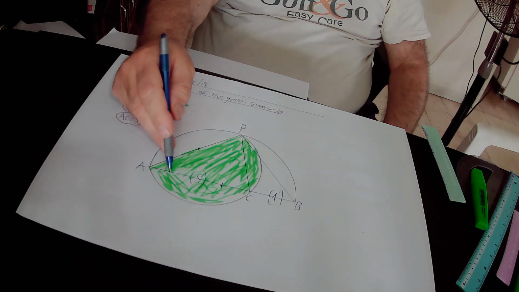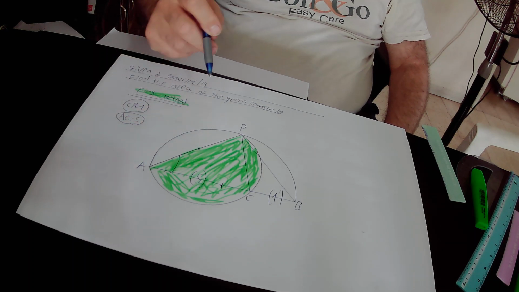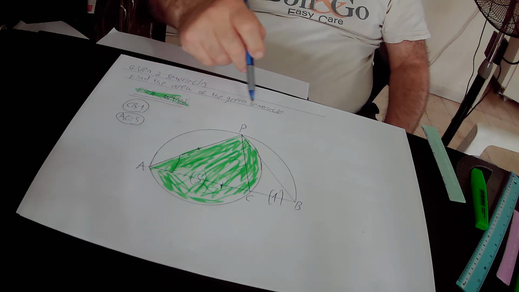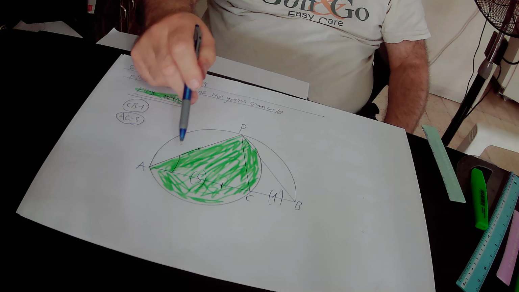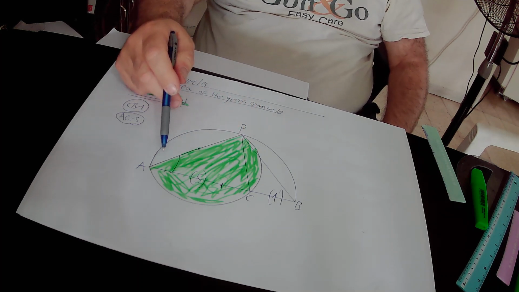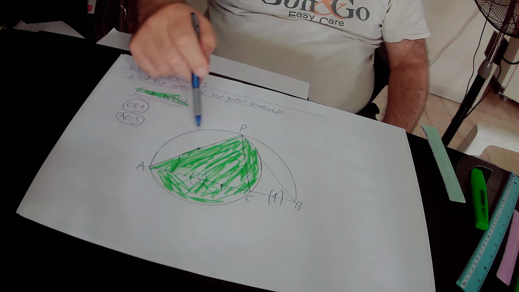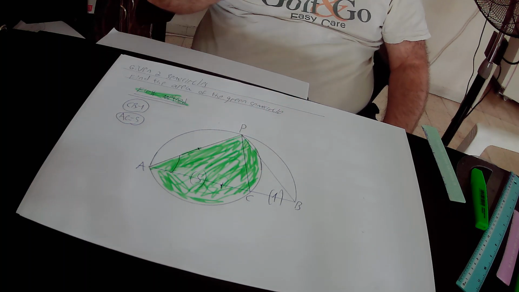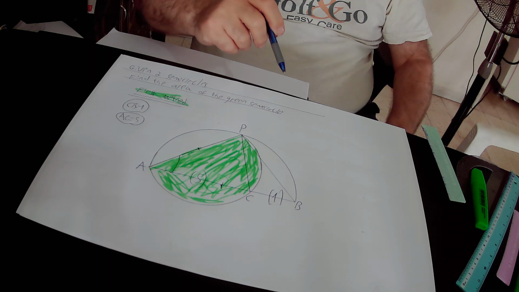This is angle A. Angle A is a common angle that belongs to both triangles. Angle A belongs to the green triangle APC, and angle A also belongs to triangle APB. So angle A is a common angle that belongs to both triangles.